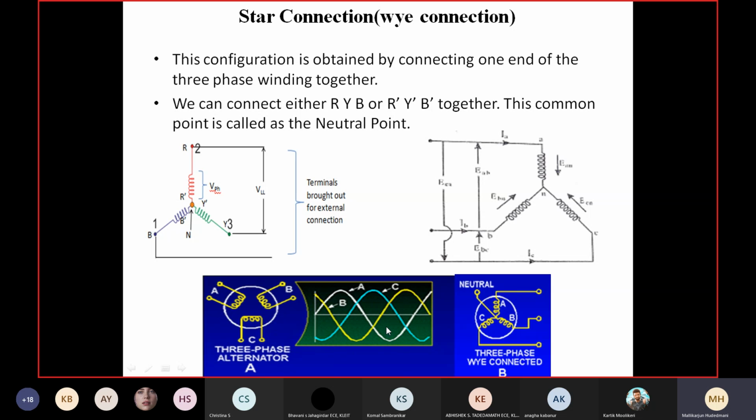R group wave, Y group wave, B group wave. We have three waves. On this graphical representation, let us imagine this is the current wave, like R group voltage, R group current, Y group voltage, Y group current, B group voltage, B group current. So they are also sinusoidal, with a 120-degree phase difference.